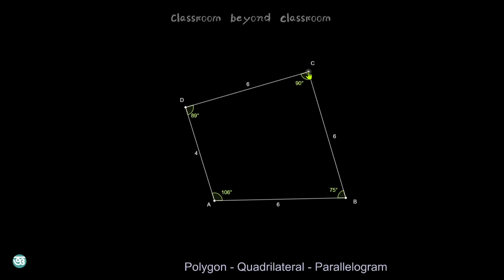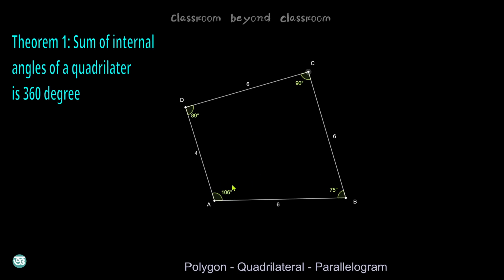Now in a quadrilateral we have learned that the sum of all the internal angles is 360 degrees. Here the angles are 106 degrees, 75 degrees, 90 degrees and 89 degrees. The sum of these angles is 360 degrees or 4 right angles.